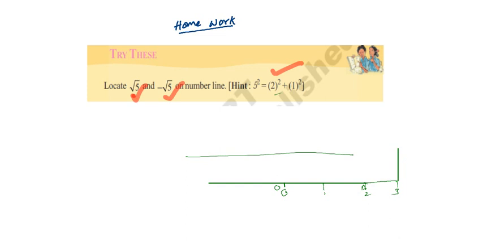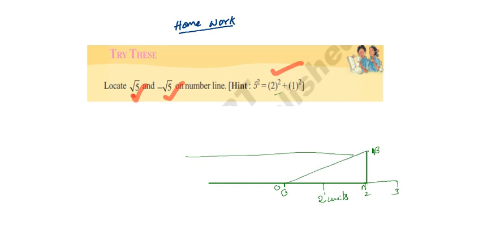Here you observe, on the number line you take 2 units one side and you take 1 unit perpendicular line at A. After that you join the hypotenuse. You write here B. Now you join with the help of a scale like this.